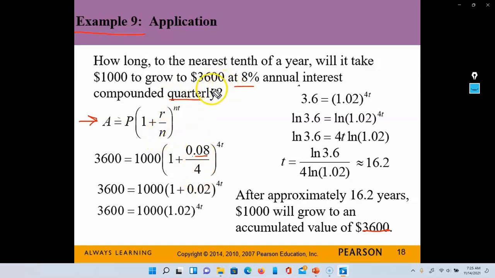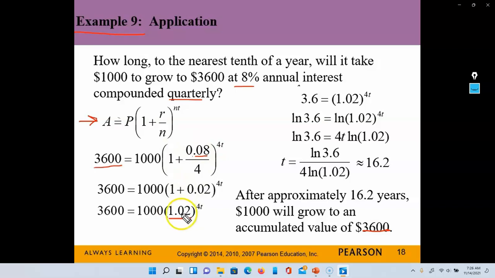And now we substitute. So it's going to grow to our future amount of 3,600. We're going to start off with $1,000. We know it's going to be compounded quarterly. So our n up here, where it's 4 there, it's also 4. So we get 4t. So we can do this in our calculator, and this ends up being this.